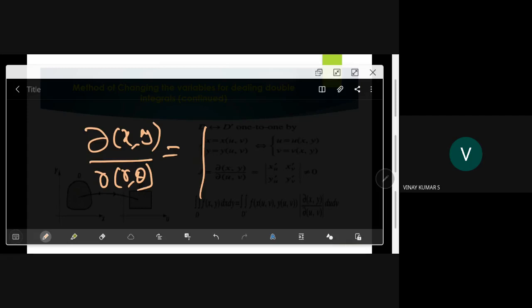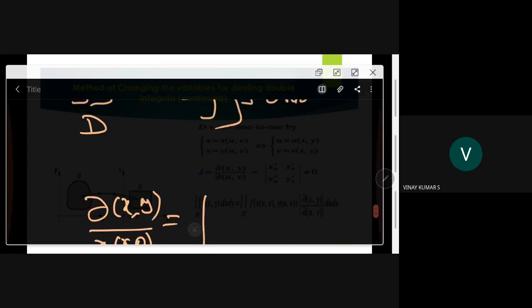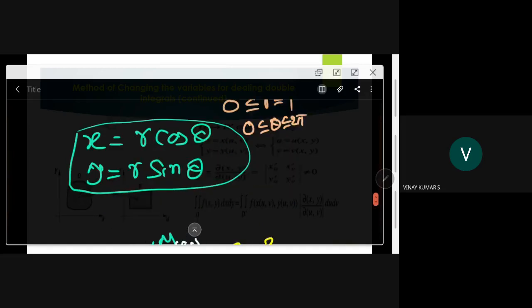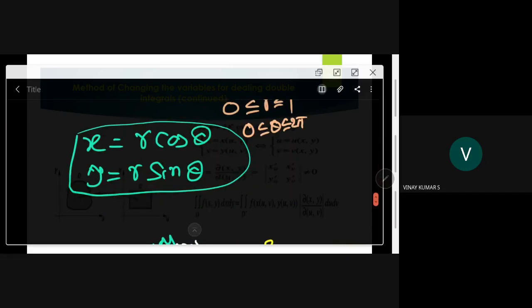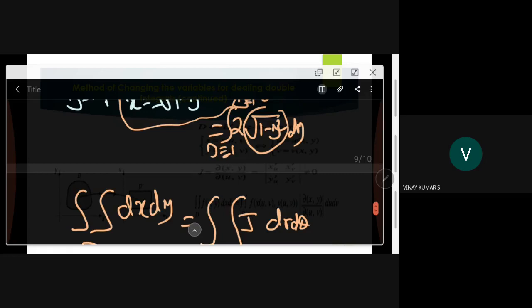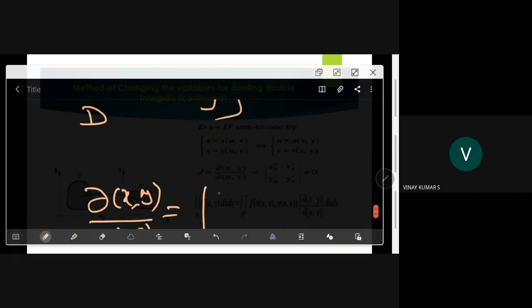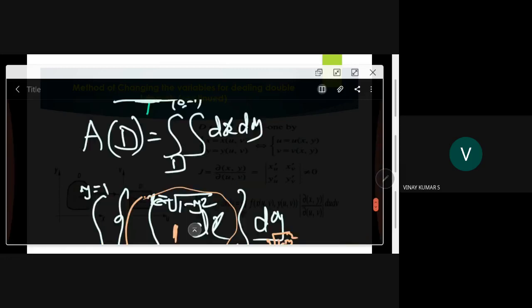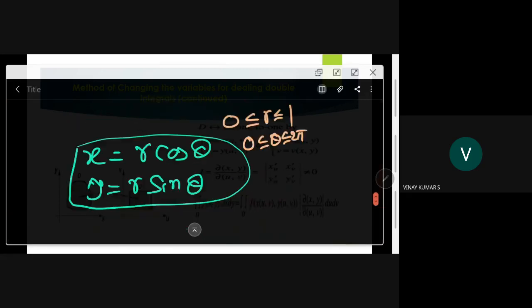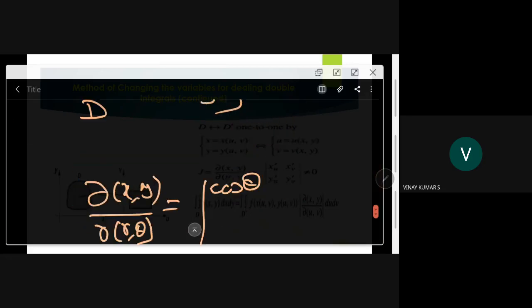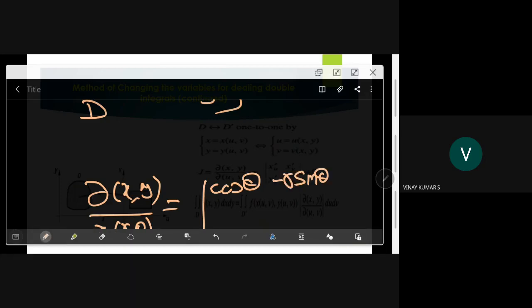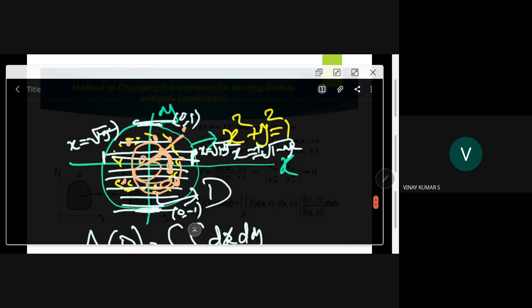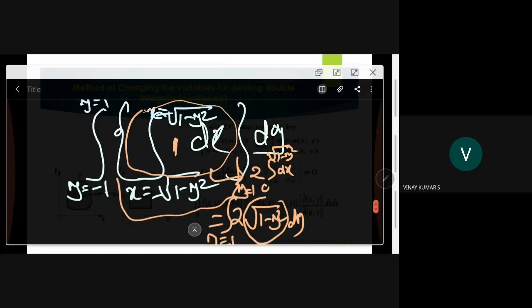So what is x_r? Dou x, dou r means, what is dou x, dou r here? Cos theta. Right, good. So dou x, dou r is cos theta here. Dou x, dou theta is minus r sin theta. Good, minus r sin theta. Right. Then dou y dou r is sin theta.